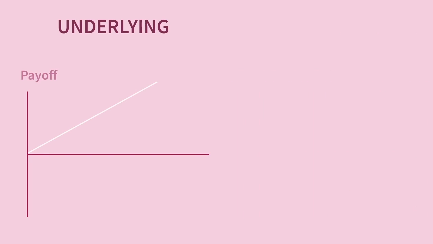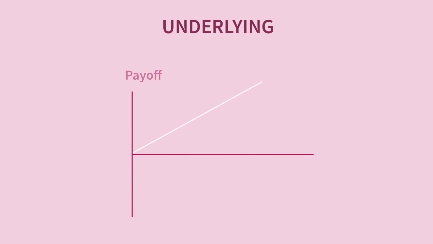Now, some students have trouble understanding this graph for the underlying, but remember, this is a graph of payoff. It's telling us that if the price rises, the position will be more valuable, but the payoff cannot be negative. That makes sense because we will never be required to pay out more after purchasing the asset. No change in price can lead us to owe more money.